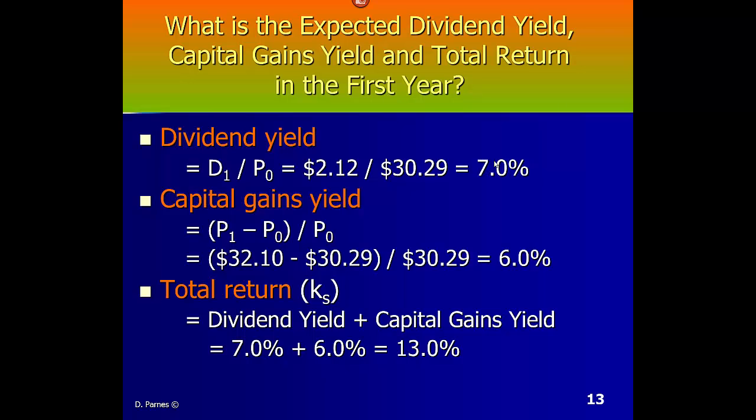So please write to yourself, right next to this 7%, this is equal to KS minus G. Right next to this 6%, this is equal to G. And right next to this, this is equal to KS. This is true as long as G is constant. We will see a couple of examples when G is not constant, and over there you will see that this case does not hold.